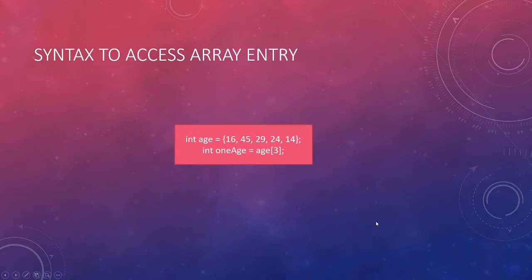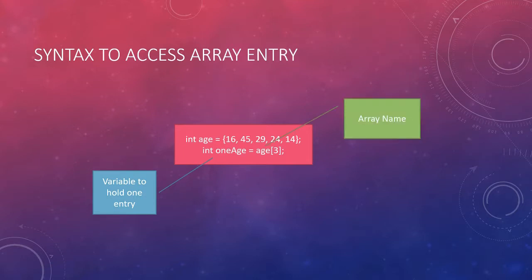Now, once we've got that array created, how do we access entries in that array? Well, here we're going to do that. We're declaring a variable that's going to be an integer, and we're going to call it 1age, and it's going to hold one array entry.